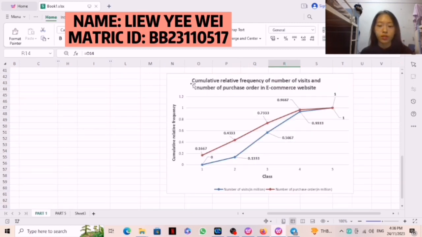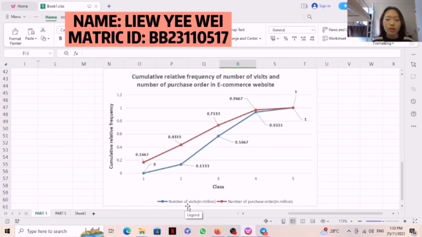This is my graph about the cumulative relative frequency of number of visits and number of purchase order in the e-commerce website. The blue line shows the number of visits in million, while the red line shows the number of purchase order in million.